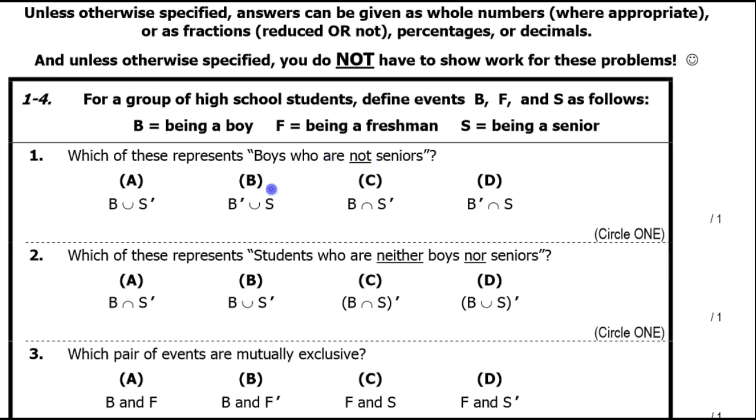That means to be in this set, you have to be a boy and, at the same time, not a senior. So we're looking for boy and not senior. And that will be option C. Because this symbol means and, you're both a boy and you're not a senior at the same time. So that would be a boy who is not a senior.